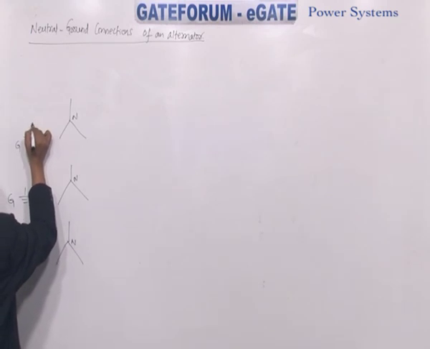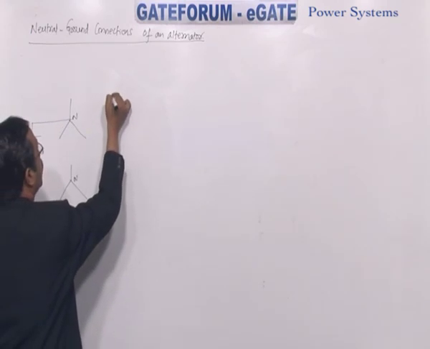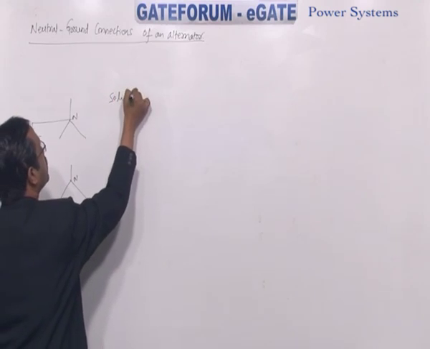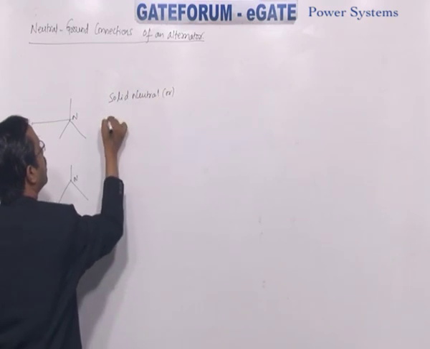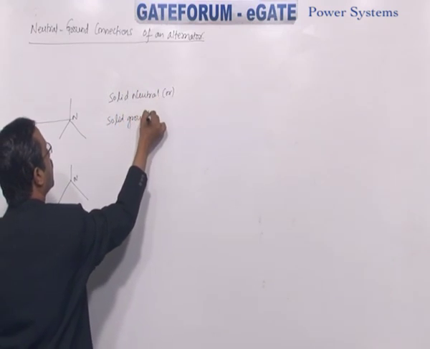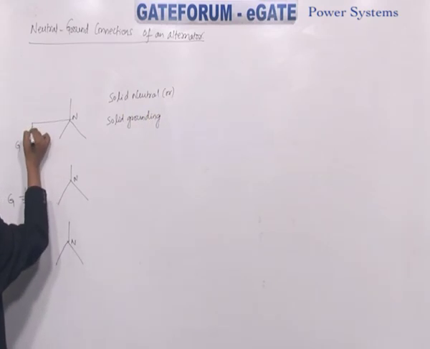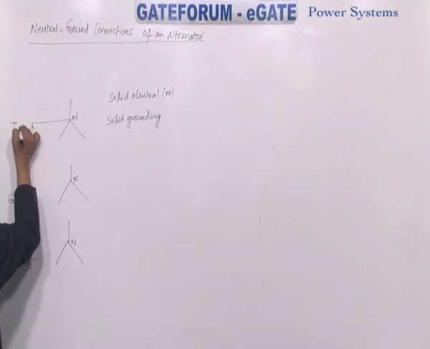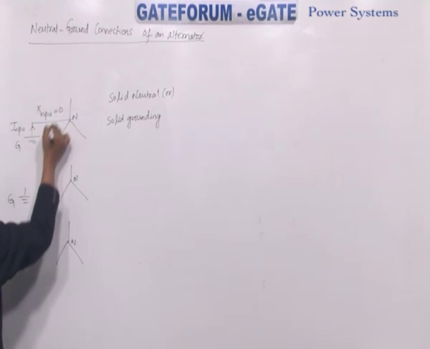Connect the neutral of the alternator to ground directly. So you call this method solid neutral or solid grounded. Say the current flowing is IN per unit. So what is the reactance offered? 0.